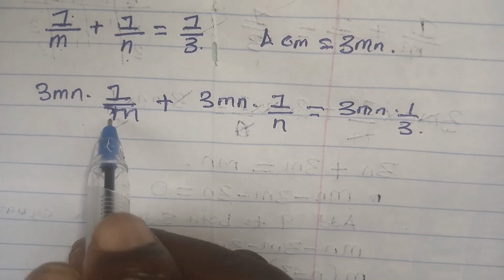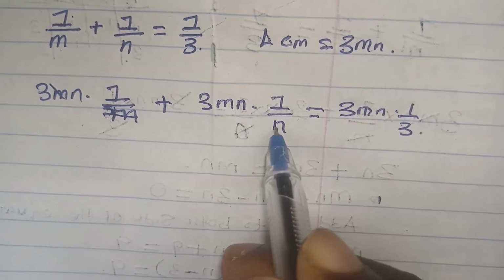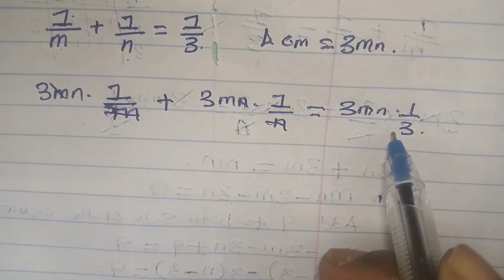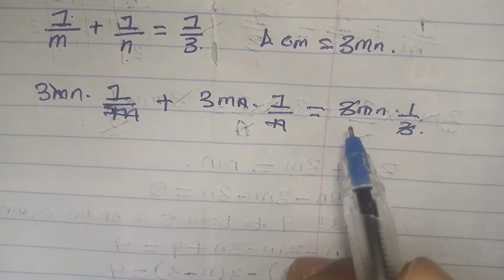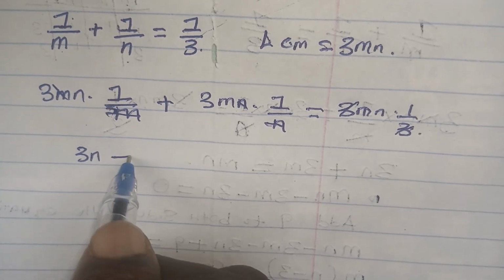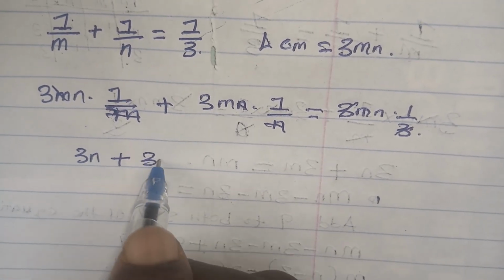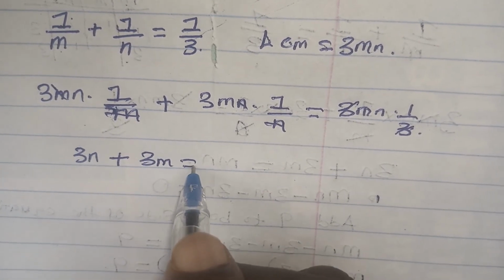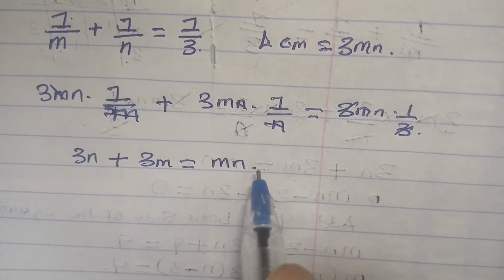Okay, this m will cancel this m, this n will cancel this n, this 3 will cancel this 3. So if you do this, we are now having 3n plus 3m equals mn.